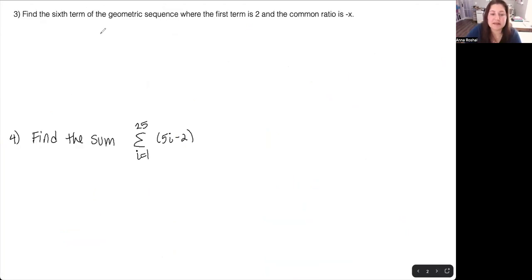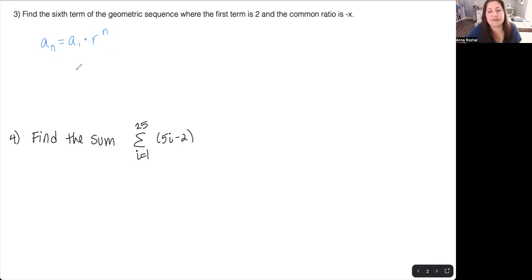Okay, find the sixth term of the geometric sequence. Again, we're multiplying over and over again, where the first term is 2 and the common ratio is negative x. So I know that a sub n is equal to the first term times the rate to the n power.